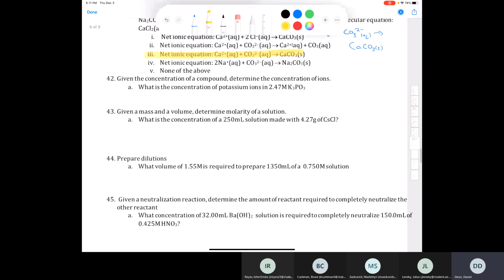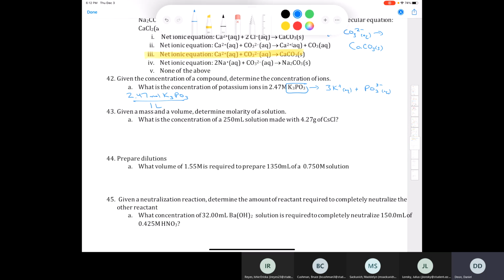Number 42, given the concentration of a compound, determine the concentration of ions. It says, what's the concentration of potassium ions in 2.47 molar potassium phosphite? Well, we know that we have 2.47 moles of K3PO3 in 1 liter. But we know that potassium phosphite is going to break up into 3 potassium ions plus 1 phosphite ion.